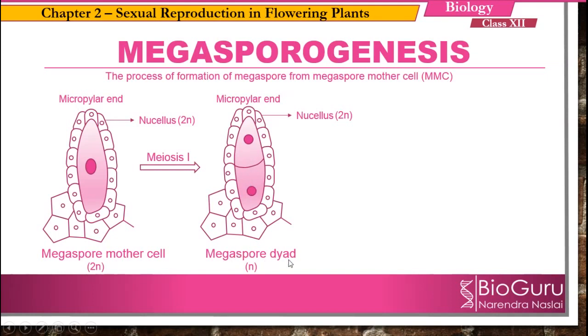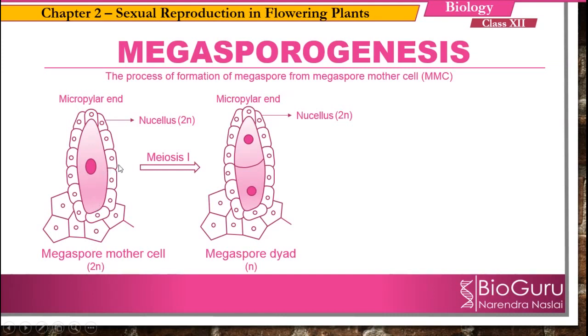Why dyad here? Dyad means two, representing the two cells. This stage is called megaspore dyad. And here the cells are haploid, which is represented by a single n. That means after undergoing meiosis, which cell is undergoing meiosis? The megaspore mother cell, this cell, which is diploid.